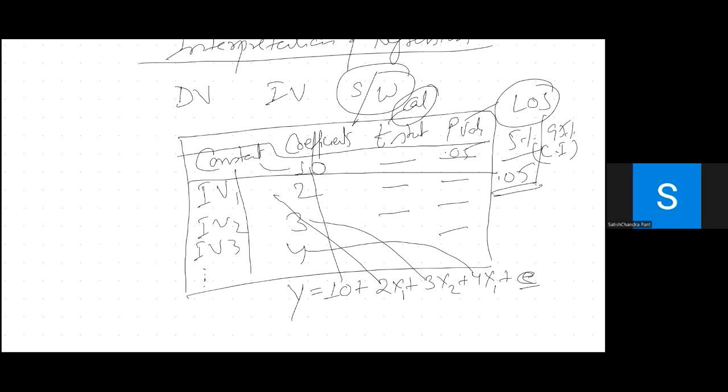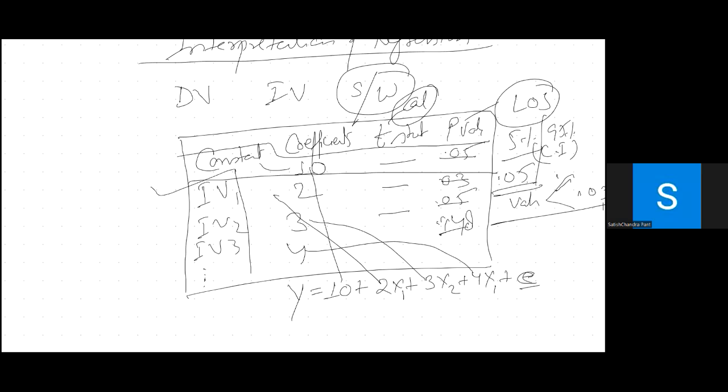Suppose the p value is 0.05 for the constant, 0.03 for IV1, and 0.148 for IV3. This means that at the 0.05 level of significance, the values less than 0.05 are significant.